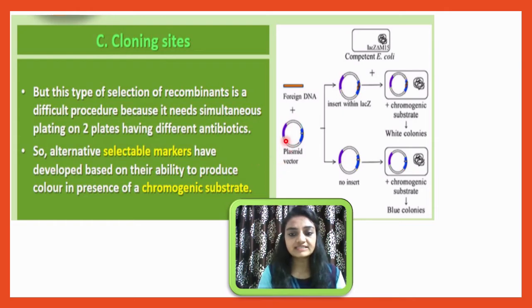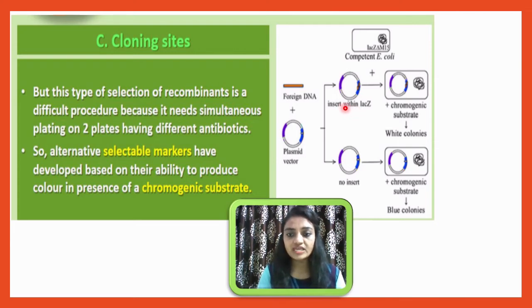Suppose this is the plasmid in which we have inserted this foreign DNA or alien DNA. We have to select whether this foreign DNA entered the plasmid vector or not. So these are the two possibilities. This foreign DNA may or may not enter the plasmid. Here insertion occurs, here insertion does not occur. So how can we identify whether insertion occurred or not?